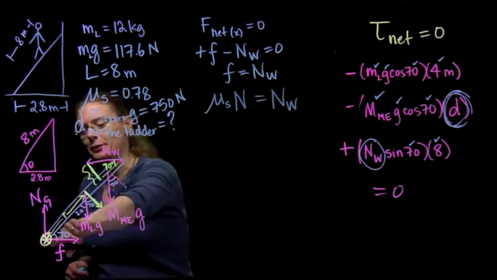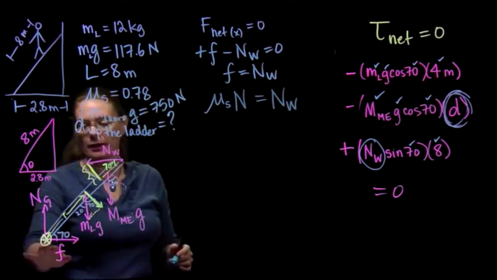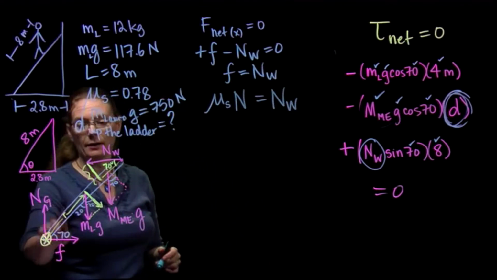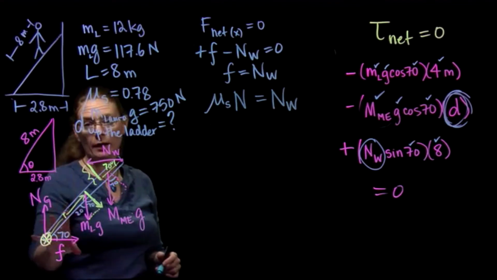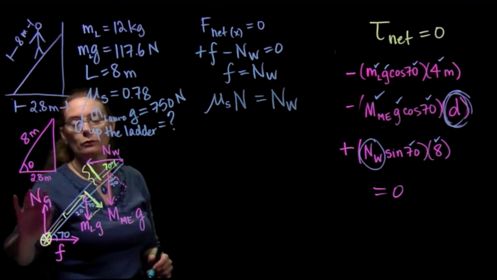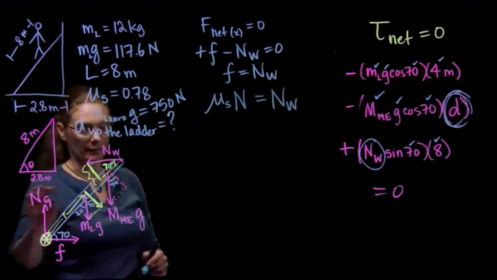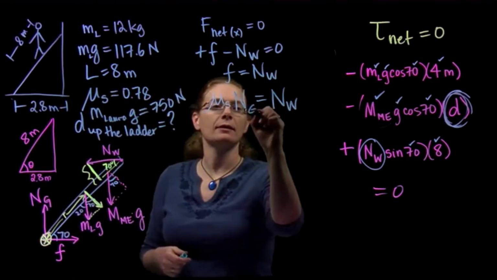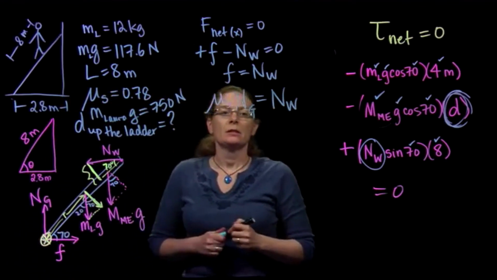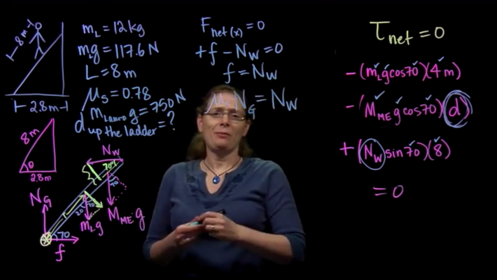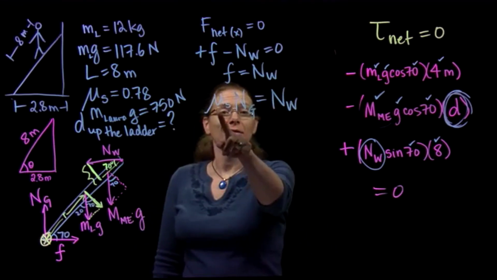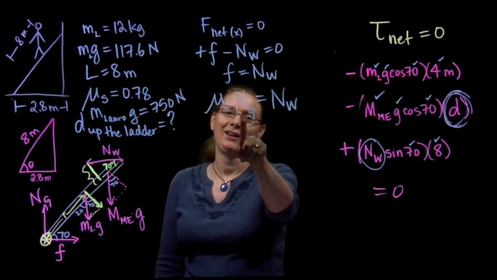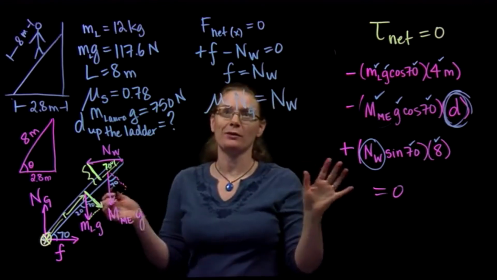Let's go back to our forces. If we have friction acting from the ground on the ladder, we want to use the normal force from the ground on the ladder. So this is NG. We're getting there? I don't know, maybe. We do know that. We need to know what NG is.